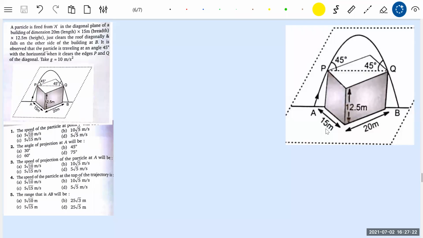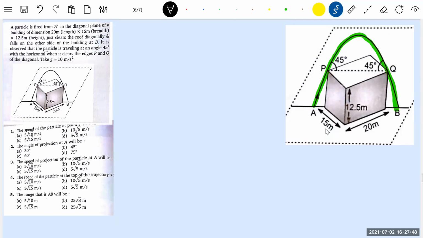And now it is projected at A. So this is the green color, there's a trajectory. It should graze P and Q, and so he's asking all the other things. Now it will graze P and Q. And we know the length of the box.